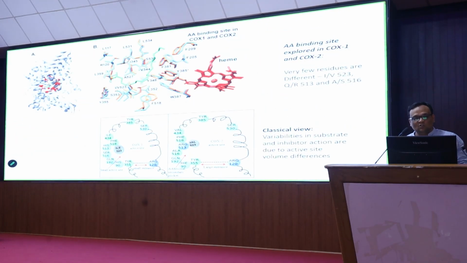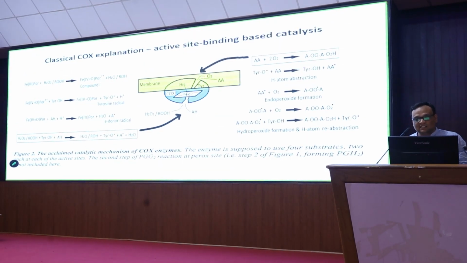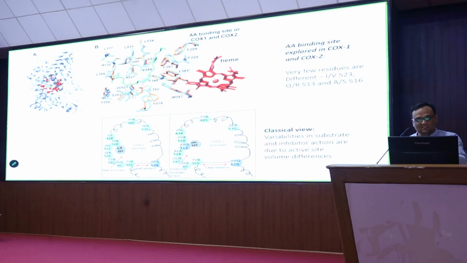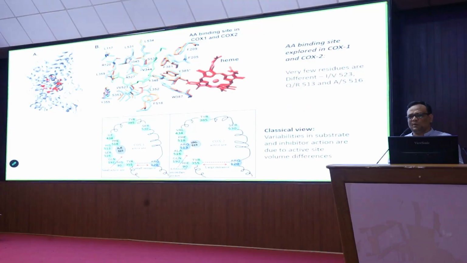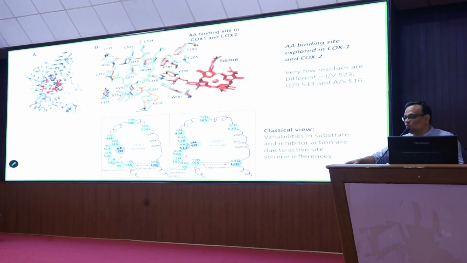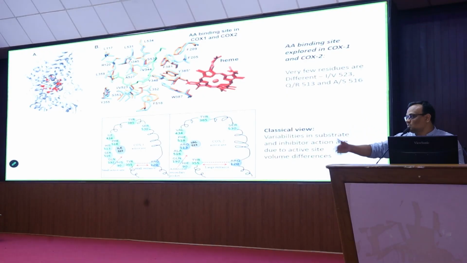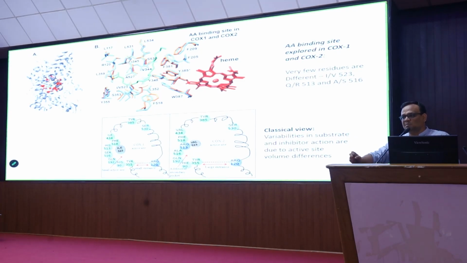Now, I don't want to go into this, I already explained the classical mechanism, because there are so many steps. That's why these calculations were done, and that is a low probability thing for such a fruitful association to occur. Active site. Now, people say that there are slight differences in the active site volumes of cyclooxygenase 1 and cyclooxygenase 2. Cyclooxygenase 1 is always seen in your system. Cyclooxygenase 2 is inducible.